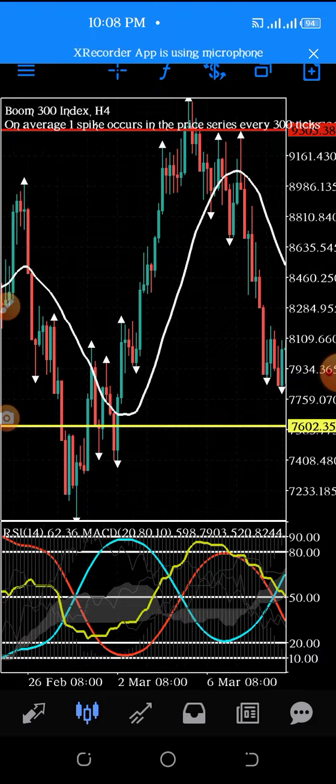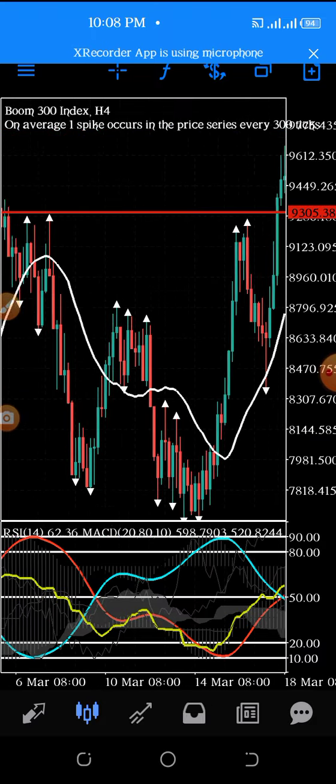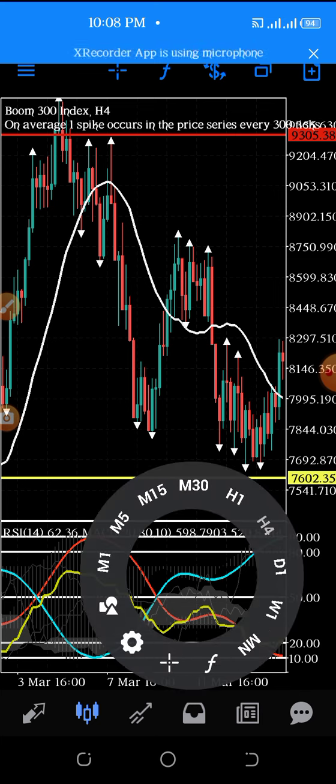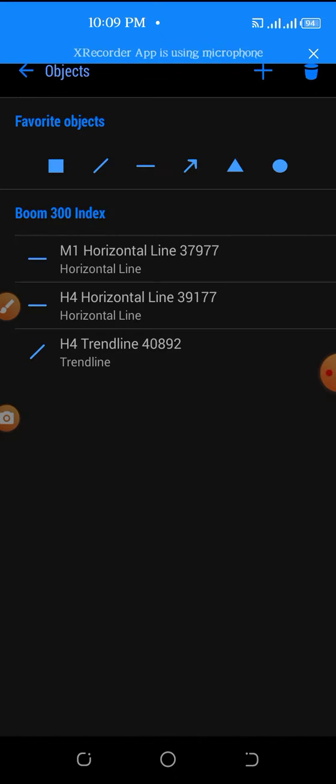Then you may ask, how do you draw this line you're seeing? It's very simple. Just click on the screen, then come to this symbol lines just before M1. Before this M1, there's another symbol there. Click on it and see all these lines.